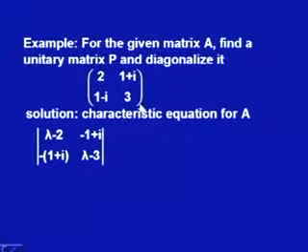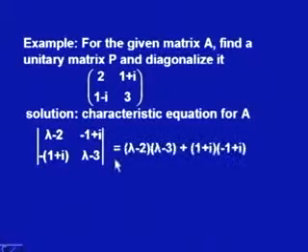So, the characteristic equation for this is the determinant of lambda minus 2, minus 1 plus i, minus 1 plus i, and lambda minus 3. One can simplify it: lambda minus 2 into lambda minus 3, plus 1 plus i into minus 1 plus i.